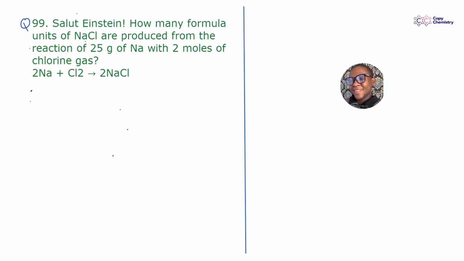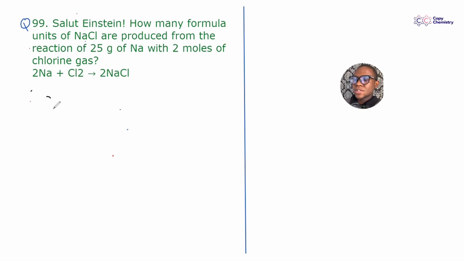So yeah, how many formula units of NaCl are produced from the reaction of 25 grams of Na with 2 moles of chlorine gas? Now before we panic, what is formula units? What's formula units of NaCl?